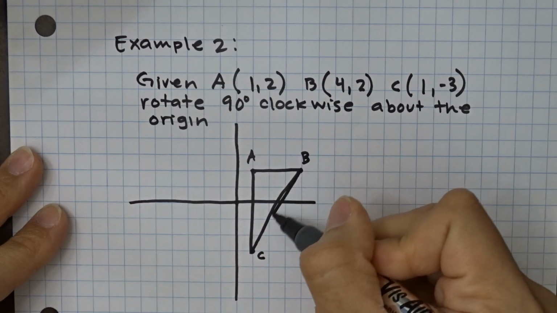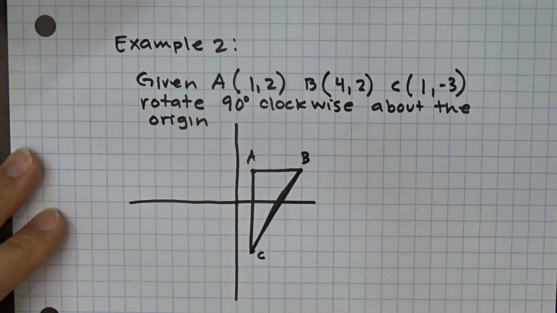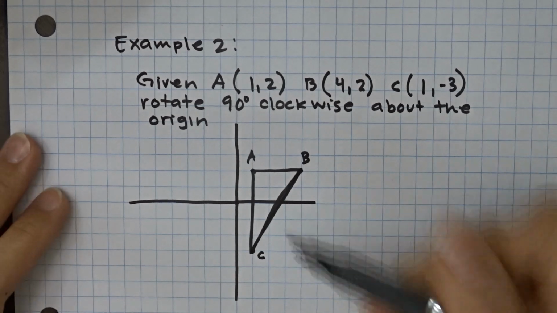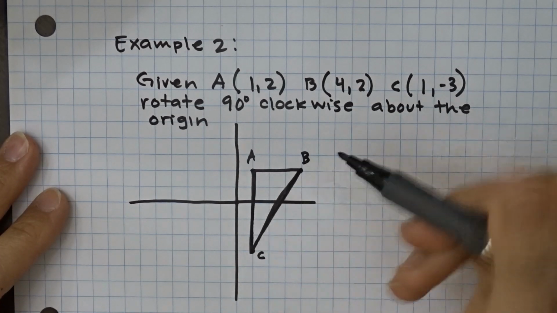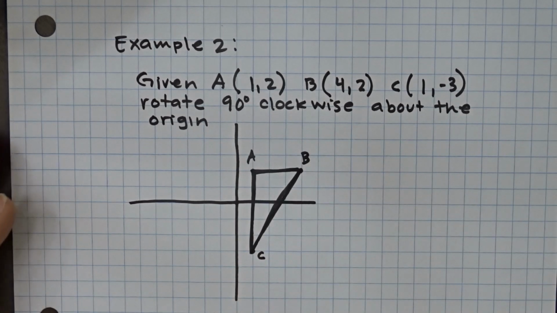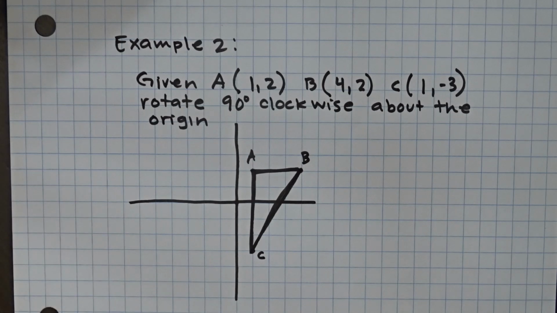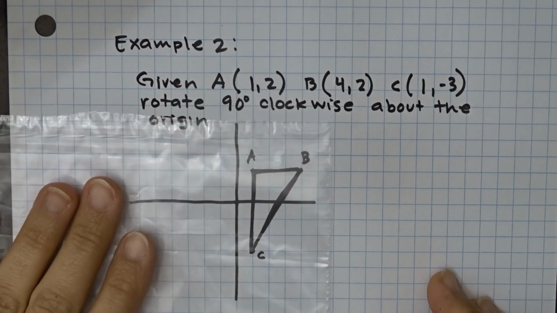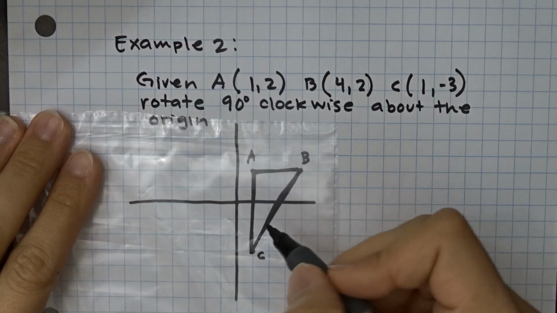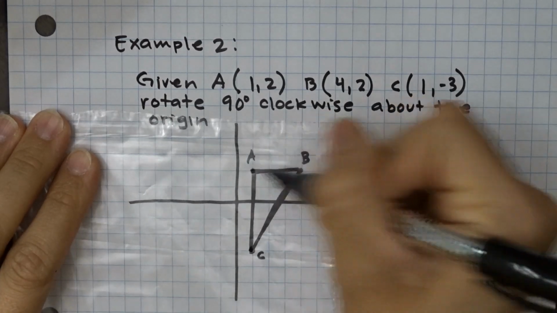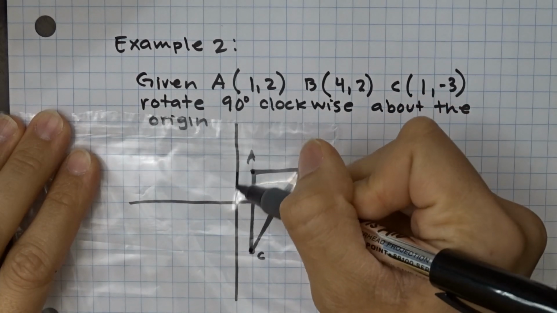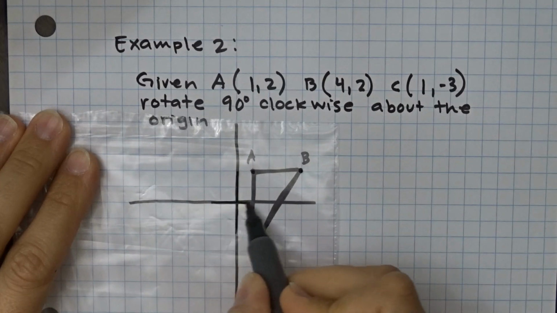All right, so we have this triangle. It's a little thick, but we're going to rotate it 90 degrees clockwise about the origin. So I can take my patty paper. We'll do it this way first, and then we'll get the coordinates after. I'm just going to do the coordinates since that's the most important part.